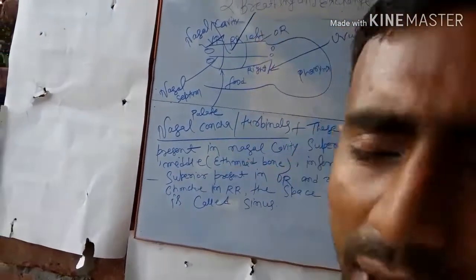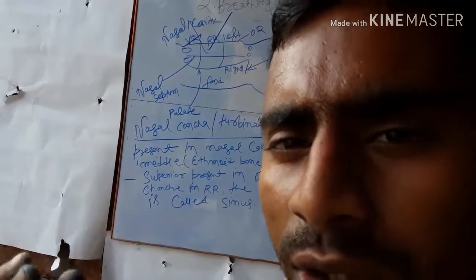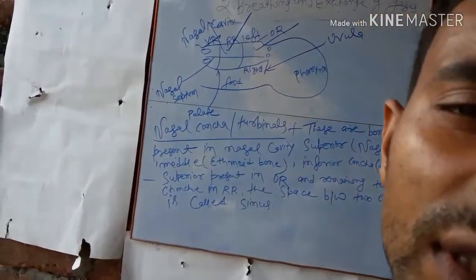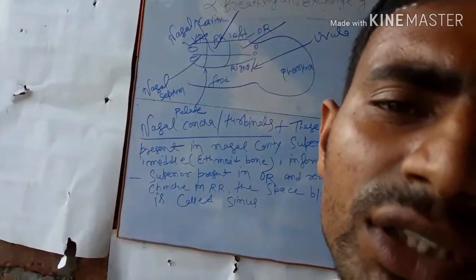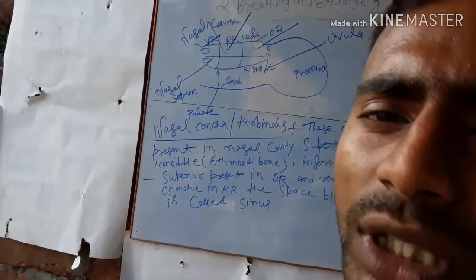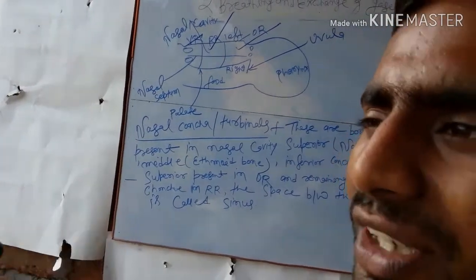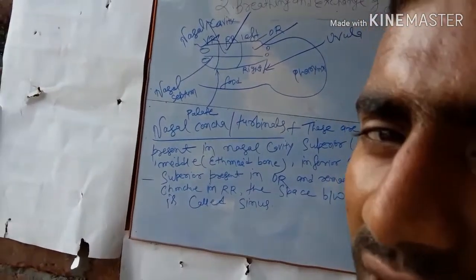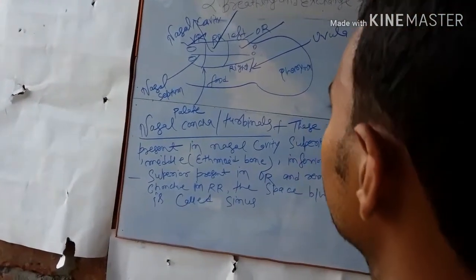This is the respiratory region, where mucus forms. And this inner region is the olfactory region, where the olfactory mucosa epithelium is present for sensing smell.